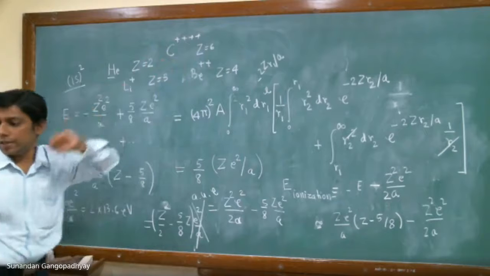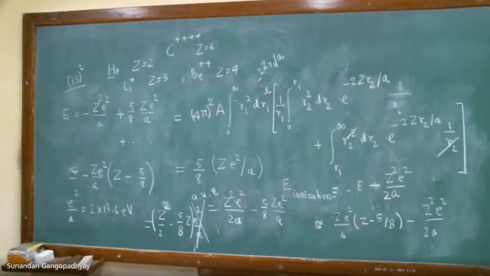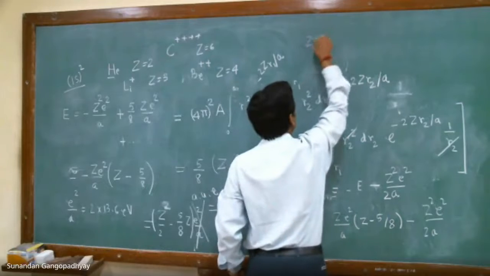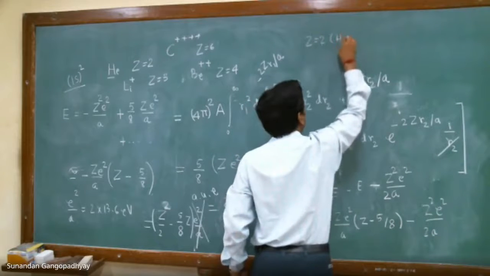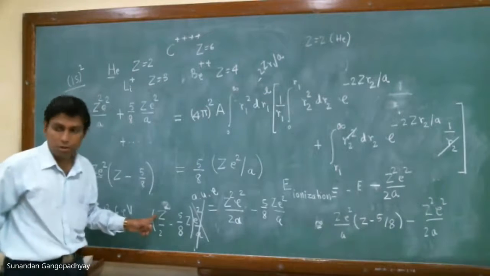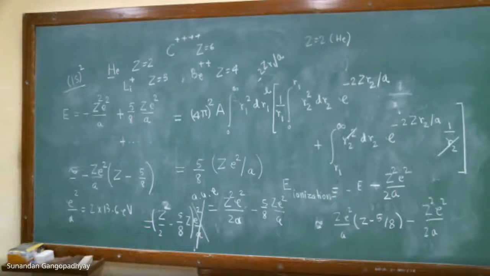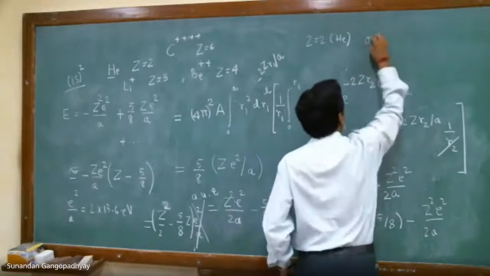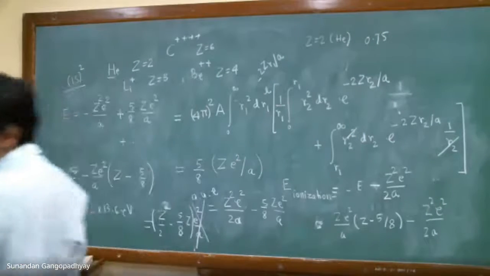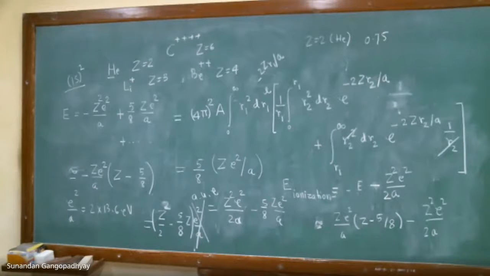You can calculate this, and you will see that for Z equal to 2, which is helium, the theoretical value by putting Z equal to 2 here, you just check it yourself, you will get 0.75. In atomic units of energy, it is 0.75, and the experimentally measured value is 0.9035.